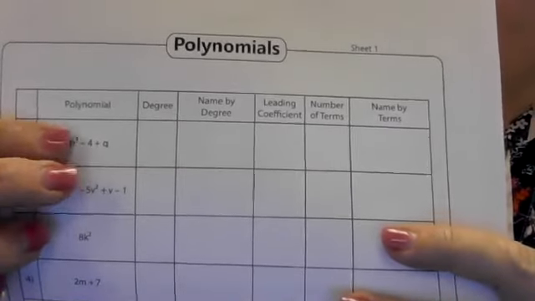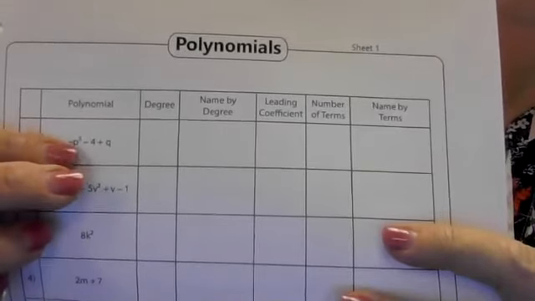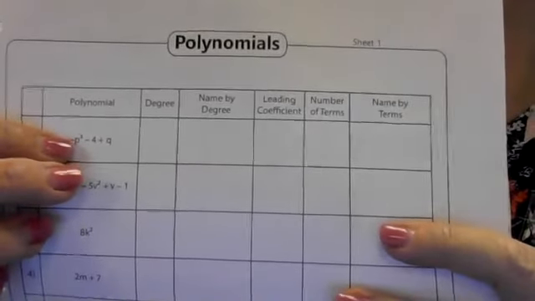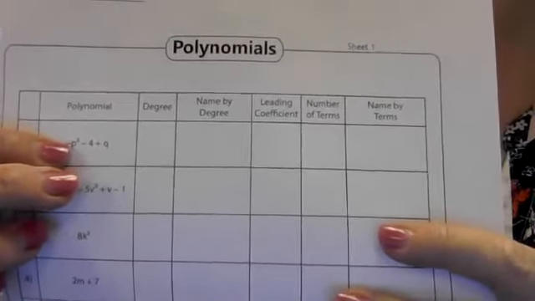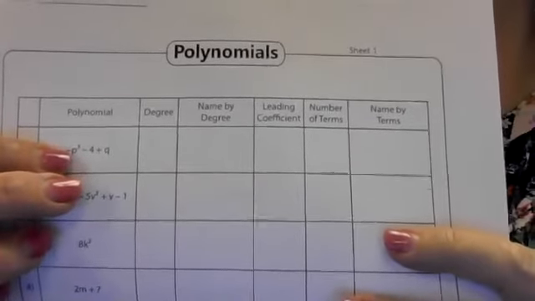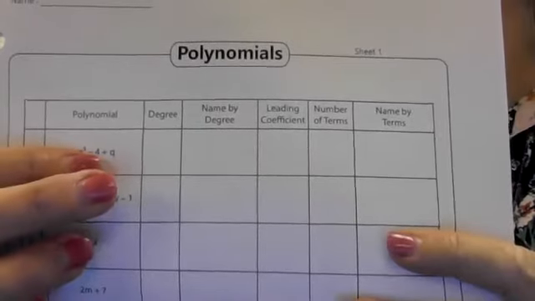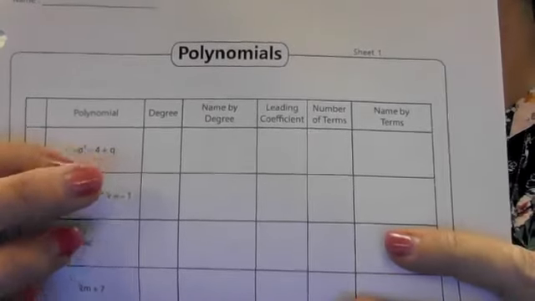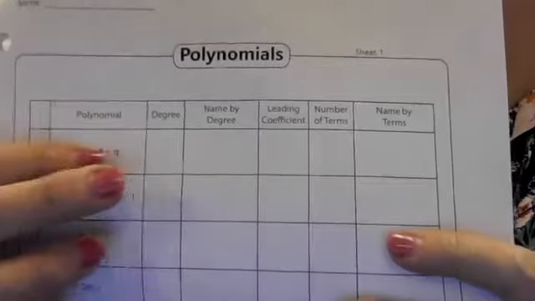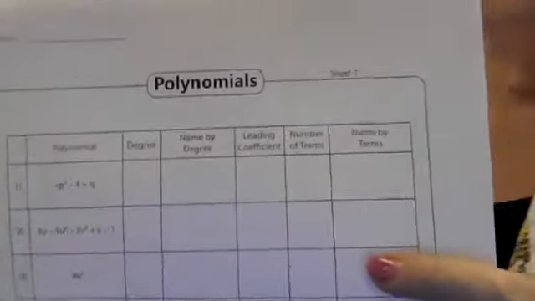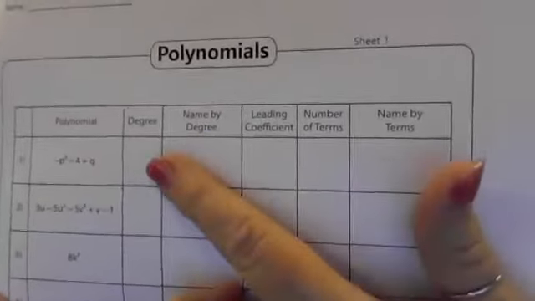Okay? So always check to see if it's in standard form. This one is not, because notice that the 4 has a degree of 0. So it always goes last. So make sure that your polynomial is in standard form first before you answer all the other questions. By the time you put it in standard form, you will know what the degree is.